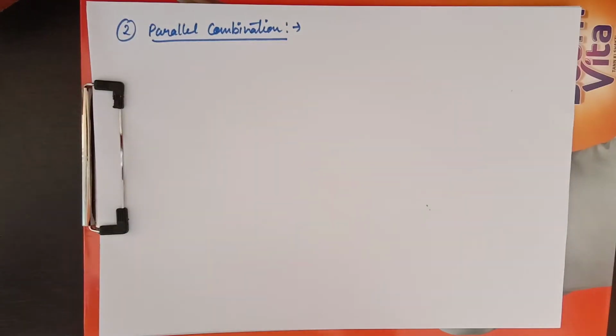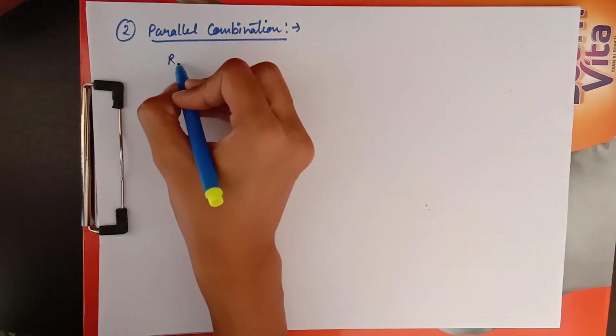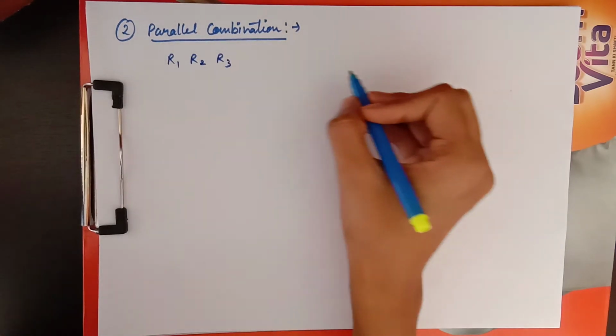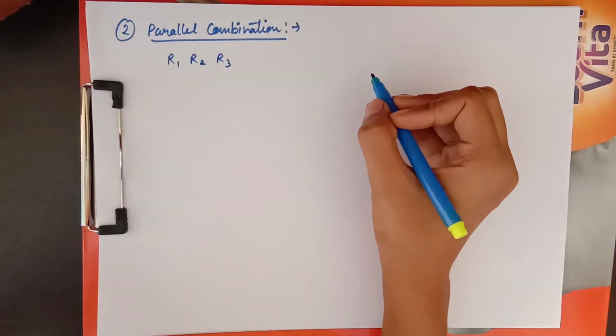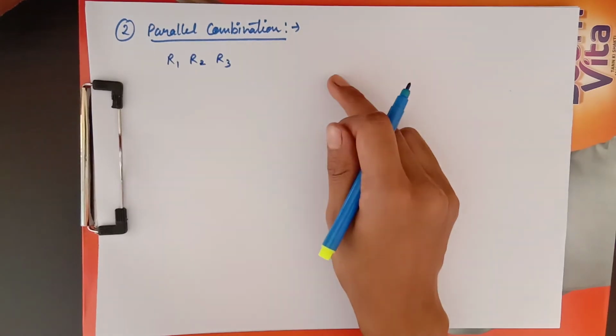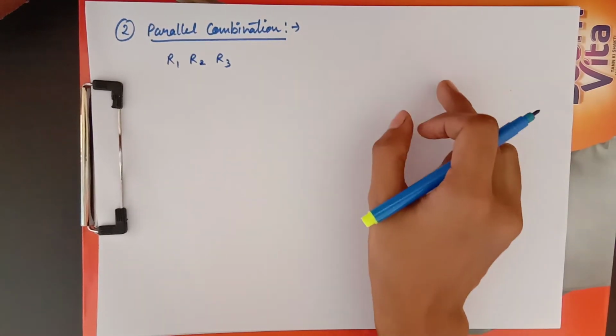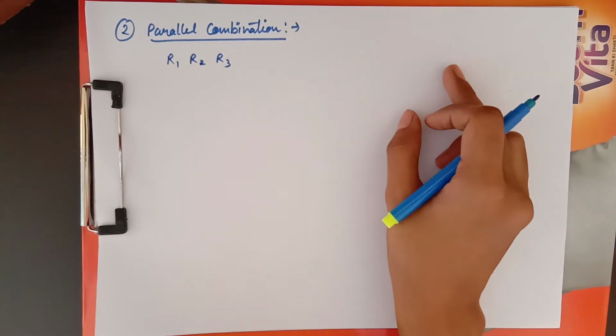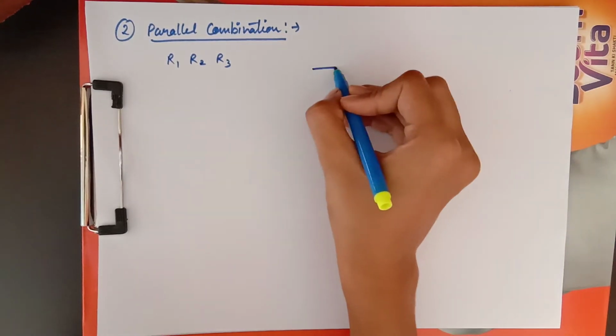We understand this parallel combination again with three resistors, say R1, R2 and R3. As I have said, one end of all resistors is connected with one point and the other end of all the resistors will be connected to another point, like this.